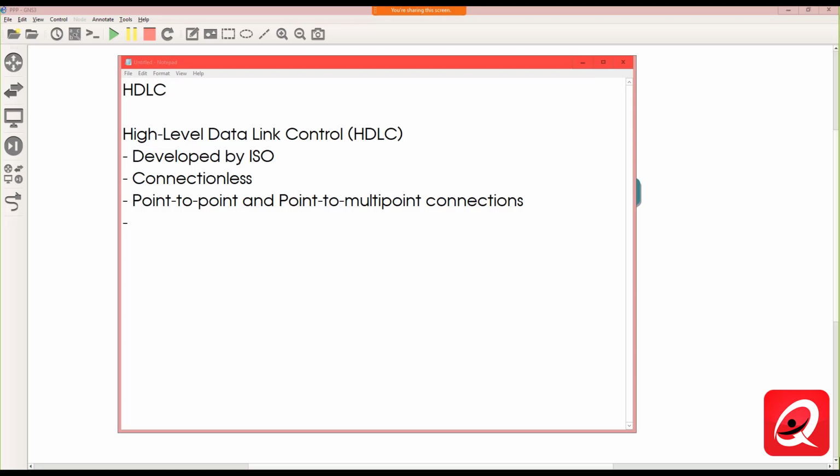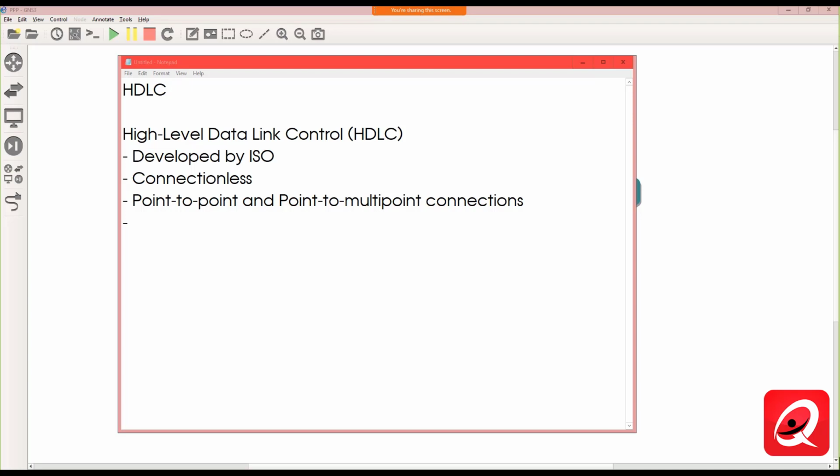It was originally developed based on IBM's protocol, SDLC, using IBM's Systems Network Architecture. I don't know if you guys remember some of that stuff back in the day, but it doesn't really specify frame fields.